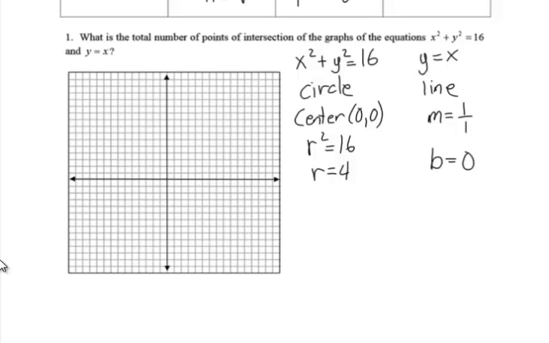Now there are some different ways you could graph that line, but that'll get us started here. All right, so we look at our circle, centered at the origin. I'm going to put up my center point. Now I'm going to plot my 4 radius points. 1, 2, 3, 4, I'm going north 4. 1, 2, 3, 4, I'm going south 4. 1, 2, 3, 4 to the east. 1, 2, 3, 4 to the west. And hopefully my circle tool will come up.